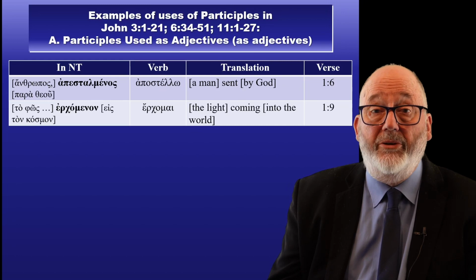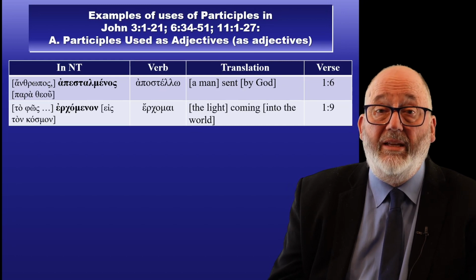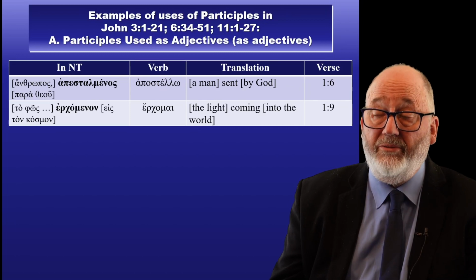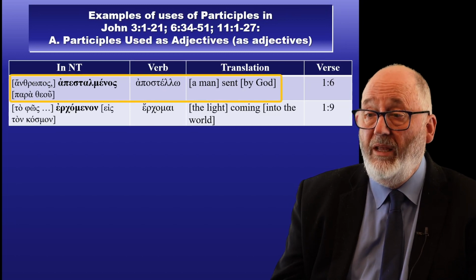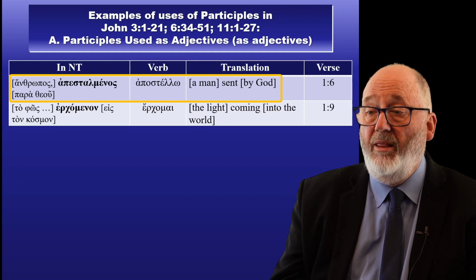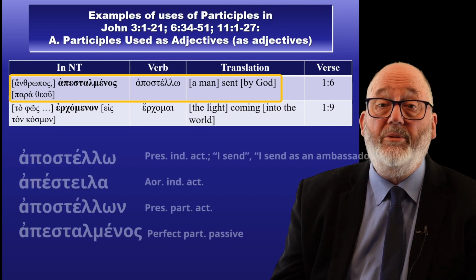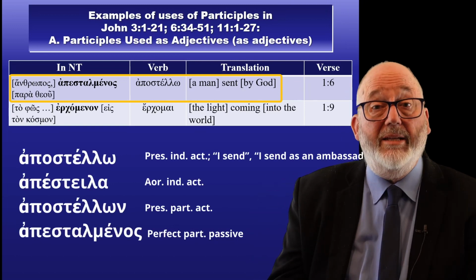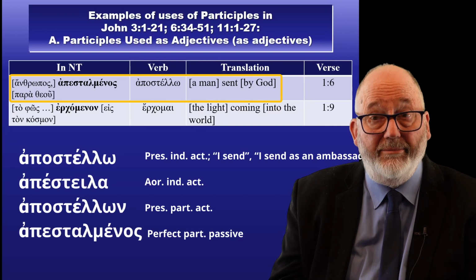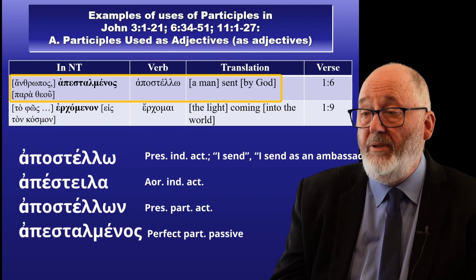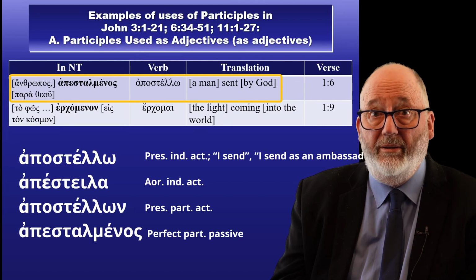Sometimes a participle is used as an adjective even when the article is not present. And here are two examples from John chapter 1. Anthropos apestalmenos para theou. That's the participle from apostello, sent. A man, anthropos, sent, apestalmenos, by God.